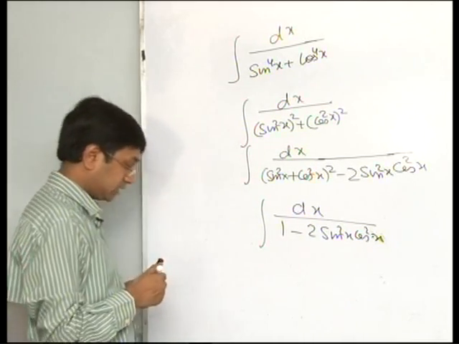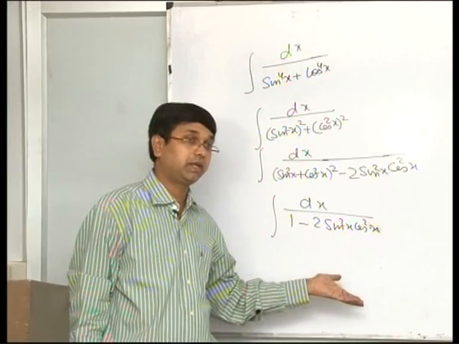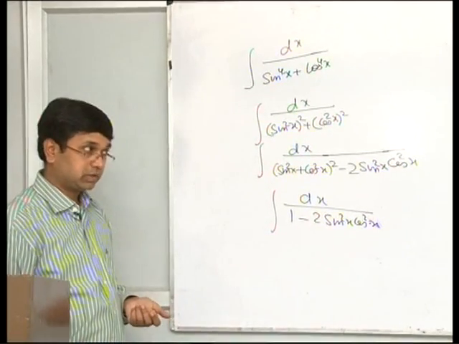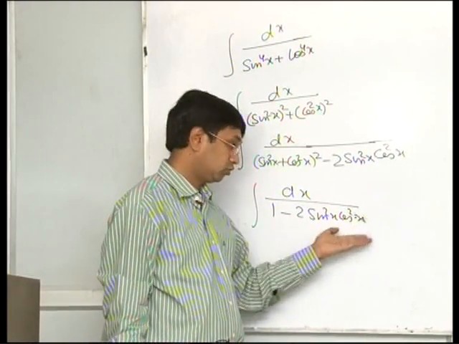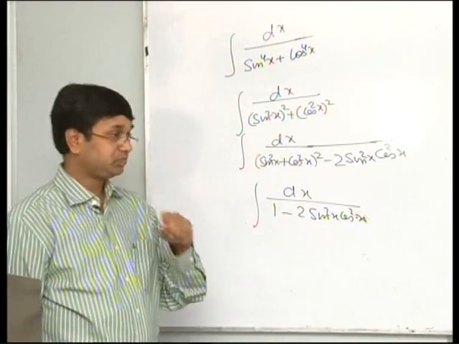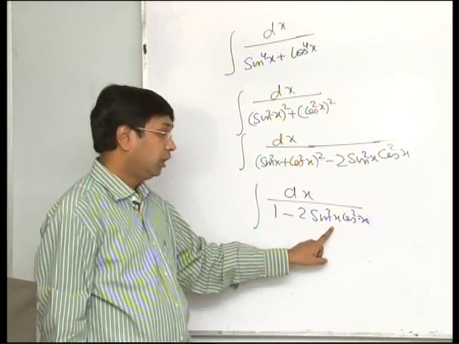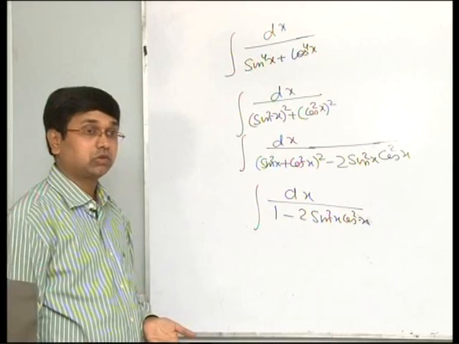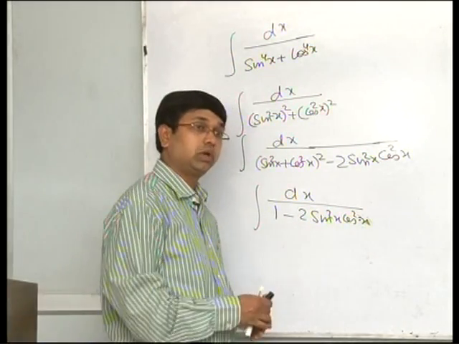My method, why I suggested that: if you can convert this to cos, very simply the problem will be solved, or even you can write this as sine square 2x by 2. You know 2 sine x cos x is sine 2x. So you can singly get sine square 2x also, or you can convert both to cos 2x and go ahead.